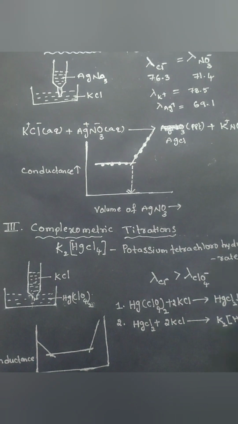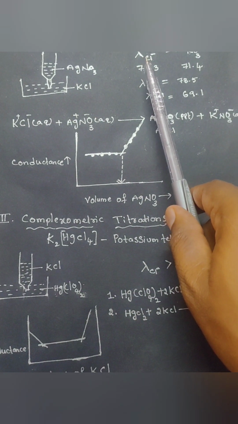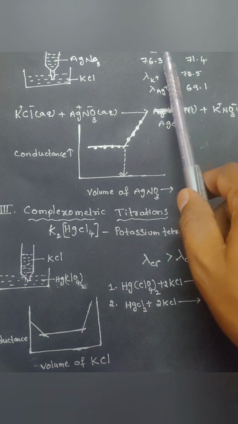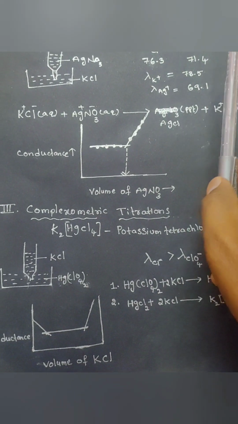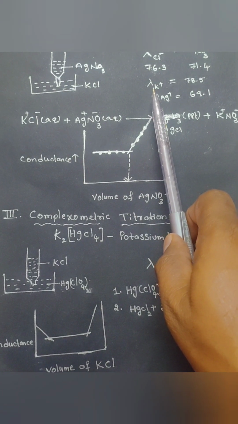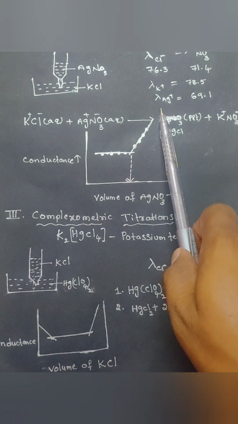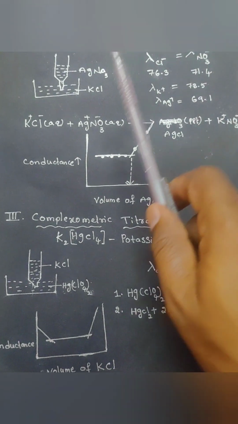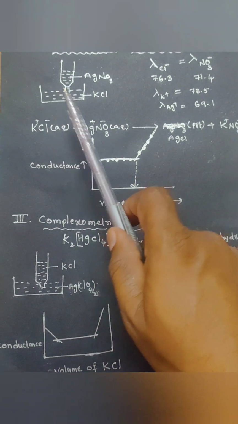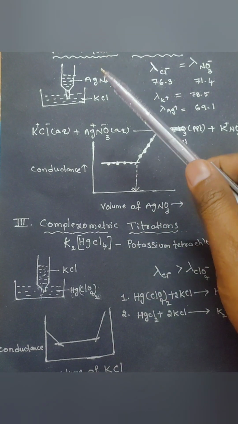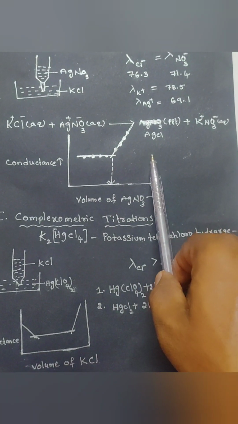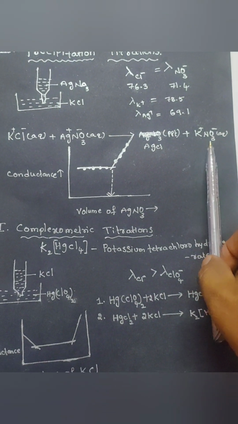We have to remember that the molar conductivity of the chloride and nitrate ions is almost the same, and the molar conductivity of the potassium ions is greater than the molar conductivity of the silver ions. So in the beginning, potassium chloride is there, and due to addition of the silver nitrate, what happens? This type of reaction takes place and we get silver chloride and potassium nitrate.